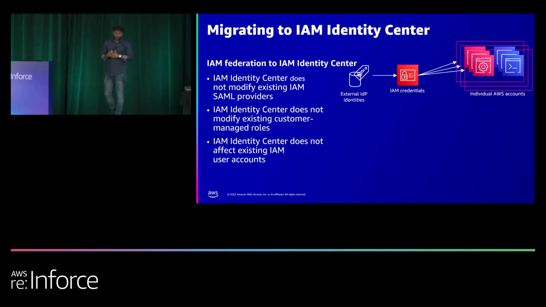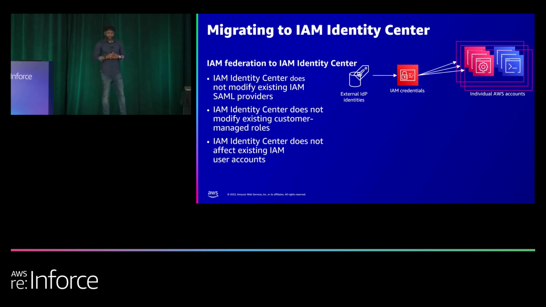Now, migration is going to be a 3-step process. Keep the 3 steps in your head, if you want to look at it that way, right? The first thing you're going to do is migrate your users. To do this, you'll have to set up your SAML federation. You'll have to set up SCIM if you want to use automatic provisioning, which is not a requirement, mind you. And you'll need to move those users into IAM Identity Center. The next thing you need to do is migrate your permissions.